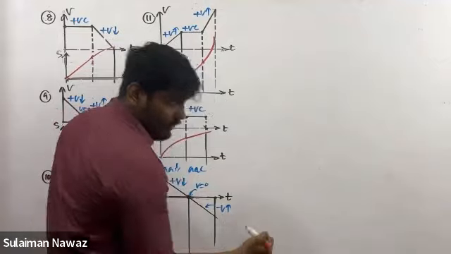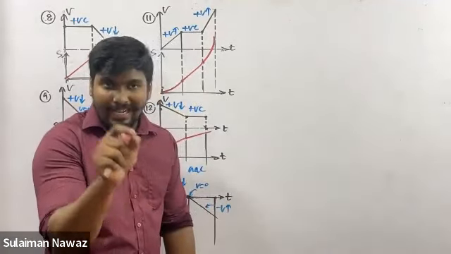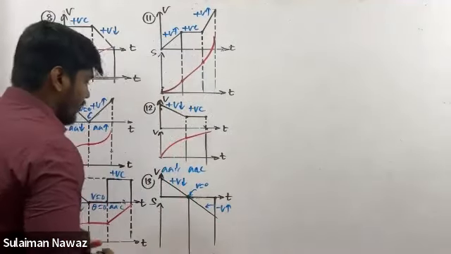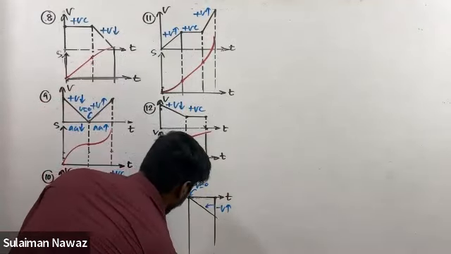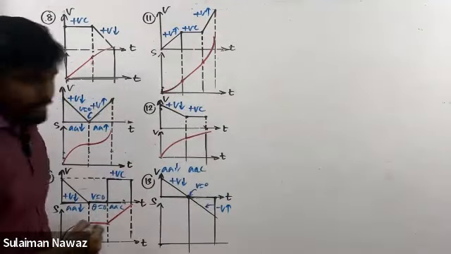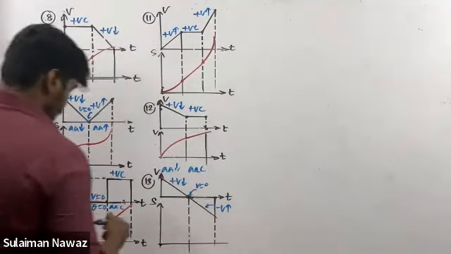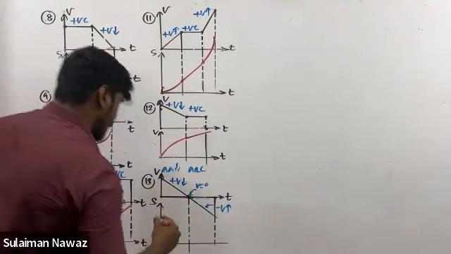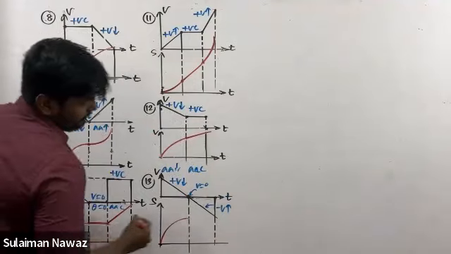Write down somewhere: negative velocity increasing means negative gradient increasing, obtuse angle decreases. When you're converting, write it down. And then if I draw the graph, acute angle decreases and becomes 0.